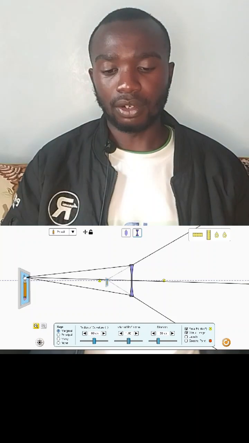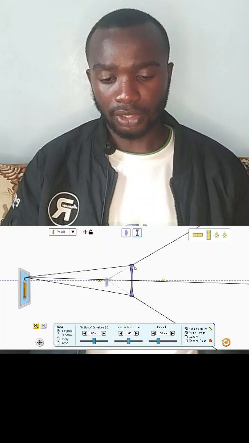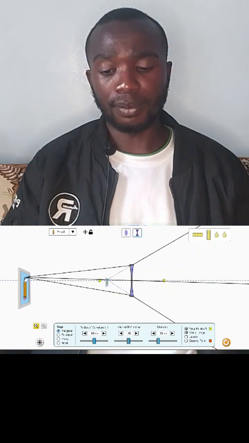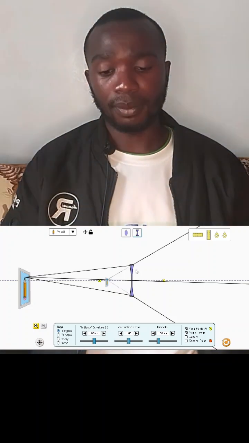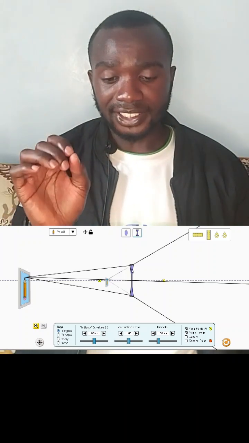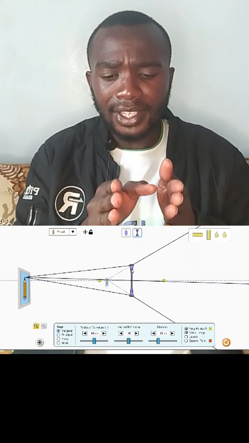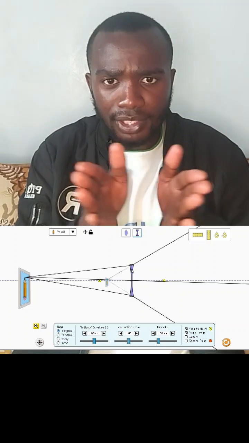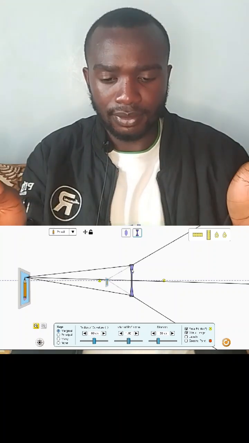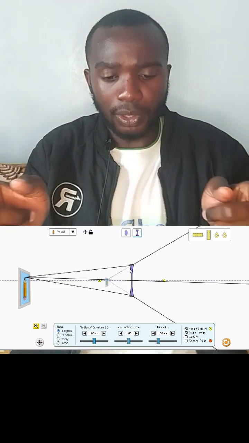For the concave now, tukiangalia the light rays from the object, inatoka inakuja kwa lens. Now, when it reaches the lens, these light rays zilikuwa zinakuja hivi. Lakini sasa when they reach the lens, they are trying to deviate. To deviate kumaanisha they diverge. Ni kama zinakuwa zinatenganishwa.